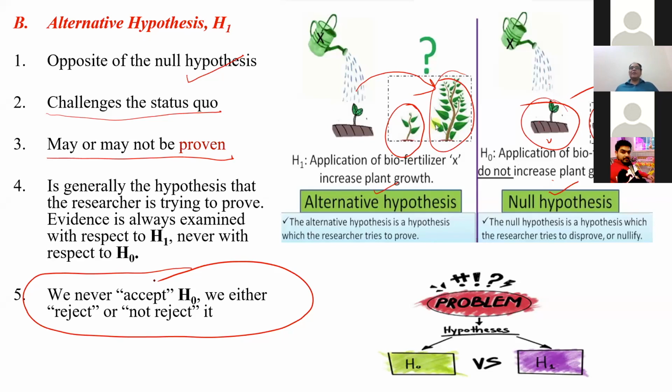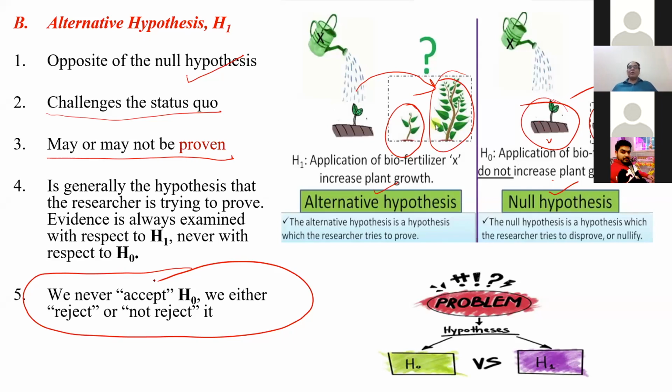When you have significant literature support, significant theory, you can start with the alternate hypothesis because you are testing that. Otherwise, if you don't have significant literature or theoretical support, you should not start with the alternate hypothesis. You always start with the null hypothesis.